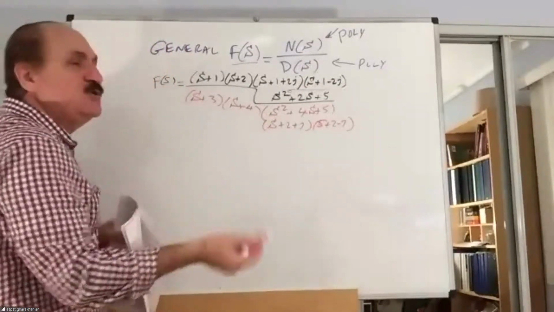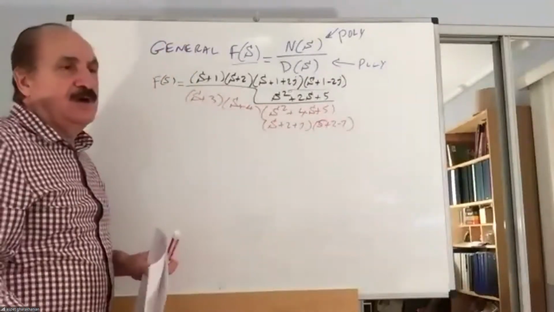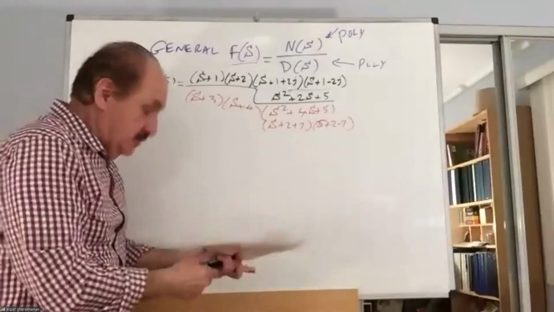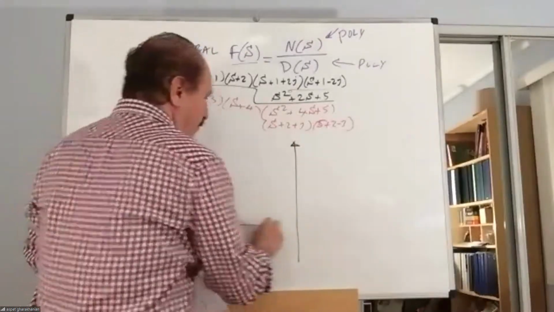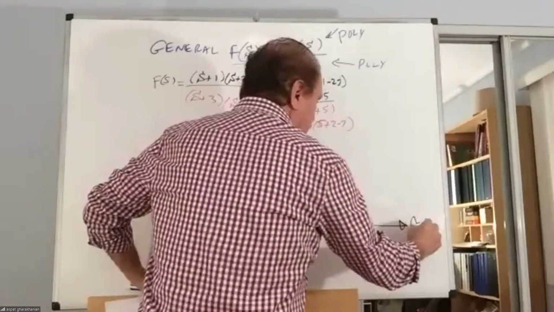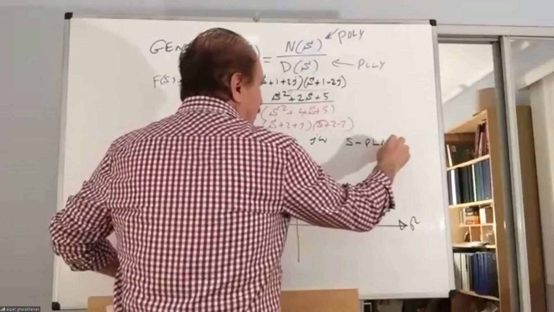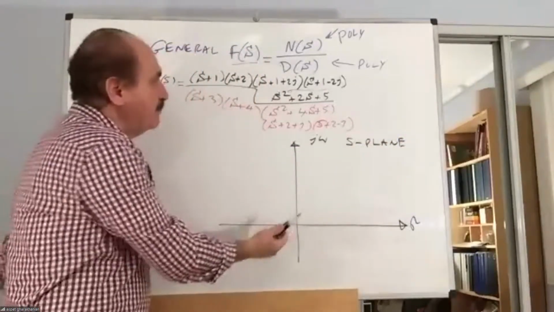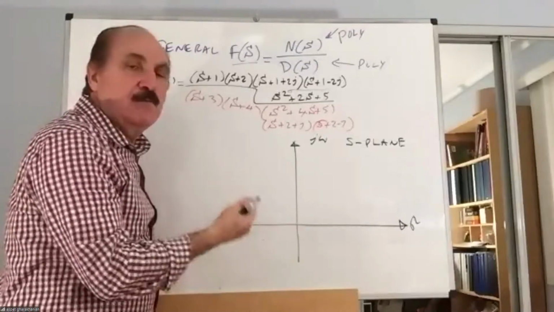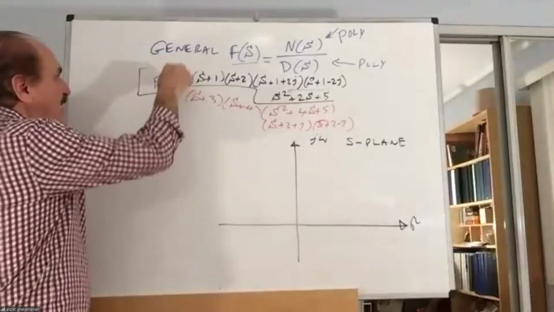How do you present your function in the S-plane? This is the presentation. You go to the S-plane, sigma j omega, it's called the S-plane, and you present it in this system, which is known as the pole-zero diagram of F(s).